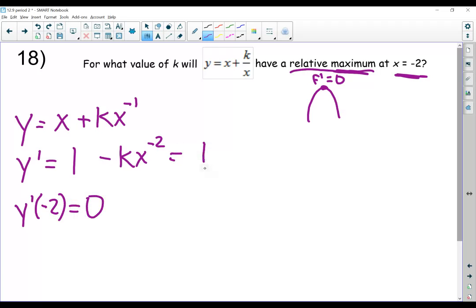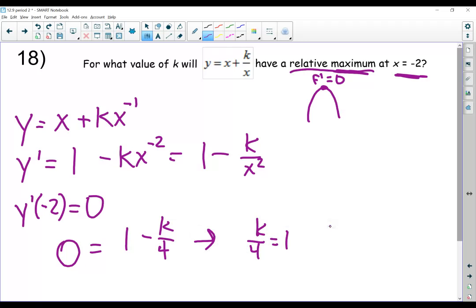So I'm going to write this as 1 minus k over x squared. So I know I'm going to set that derivative equal to 0, and I'm going to plug in -2 for x, and I'm going to figure out what k needs to be. So if I solve this equation, I get k over 4 equals 1, so k equals 4.